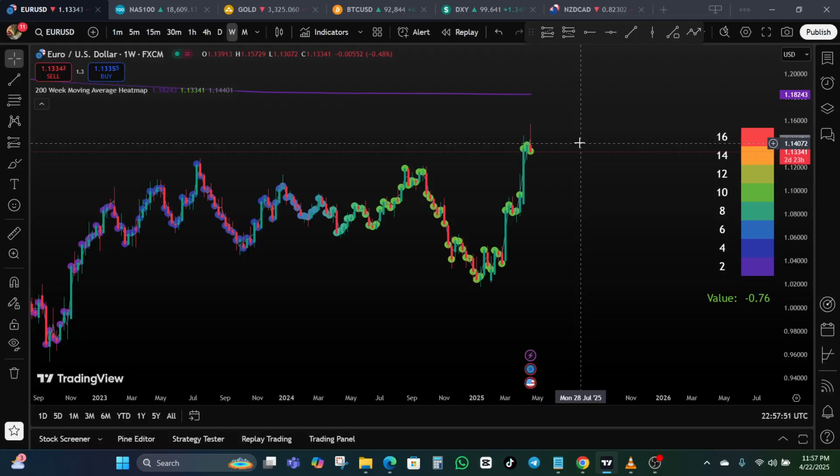The market speaks loudest in extremes, and this heat map helps you visualize those extremes in real time. Okay, so here's the move. You start checking the 200-week moving average heat map regularly. You can combine it with your strategy, get familiar with its behavior during bull runs and crashes. And remember, trading is all about staying ahead of the crowd, not running with it.